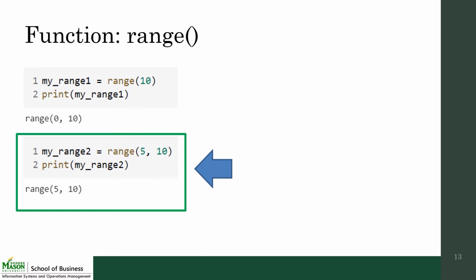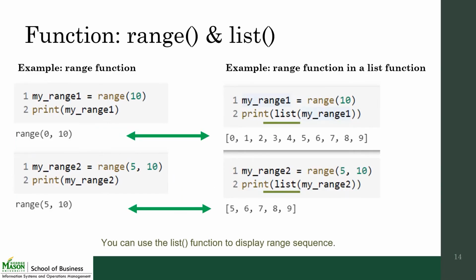But the value of 10 will not be included since it's considered to be an exclusive argument, meaning it's not going to be part of the range sequence. If you want to display the entire sequence of a range function, then you could apply the list function as shown here.